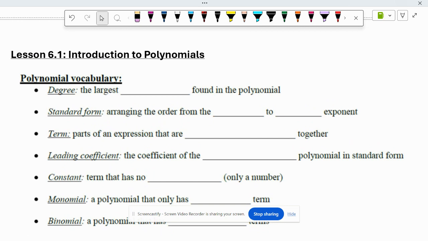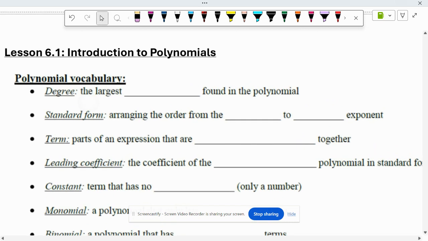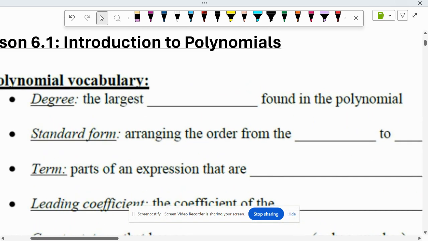Degree. So it says the degree is the largest blank found in the exponent. It's the largest blank found in the polynomial. Well, it's the largest exponent.